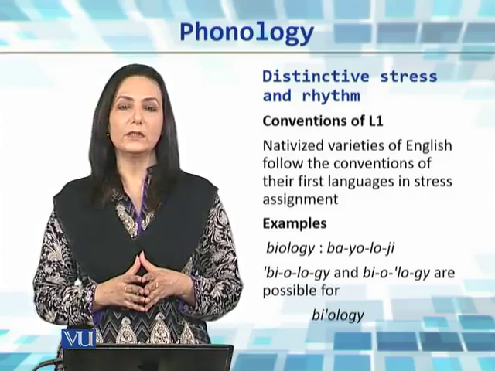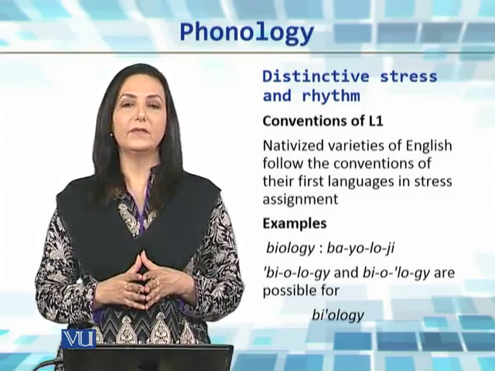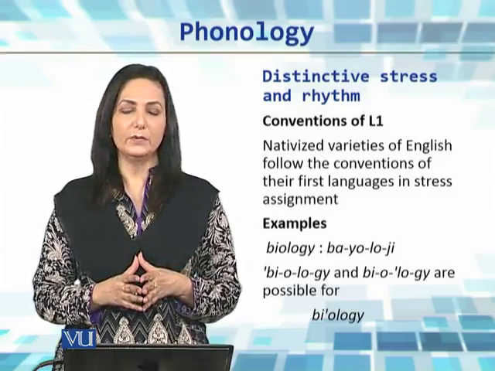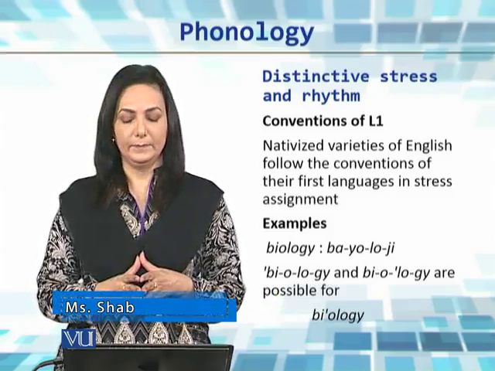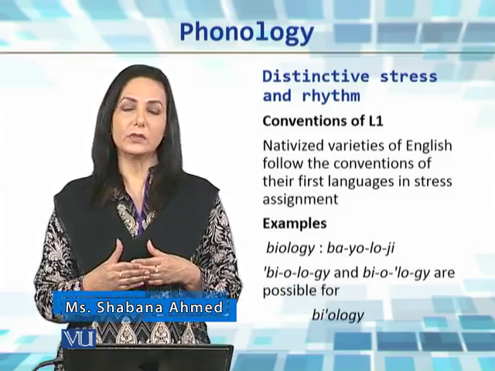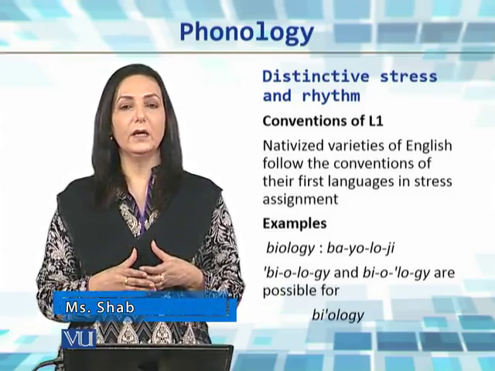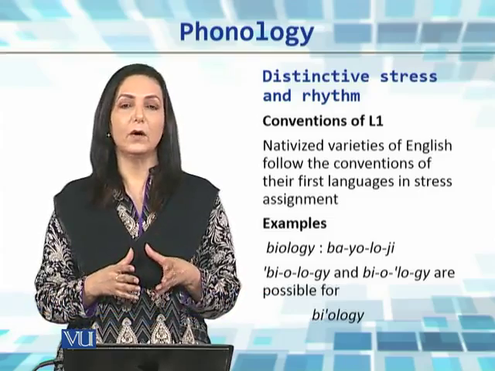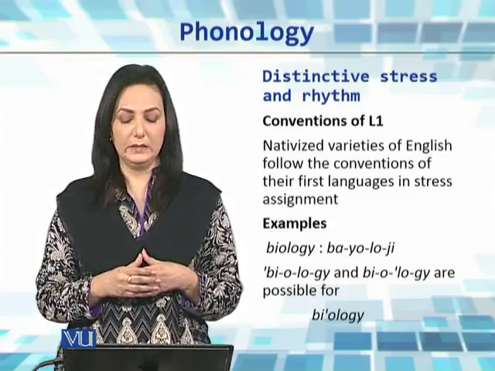It is because the speakers of English in the outer circle countries arrive at syllable values based on the conventions followed in their L1. So they assign stresses to different syllables when they speak English, following the same pattern of syllable assignment as is used in their L1s.